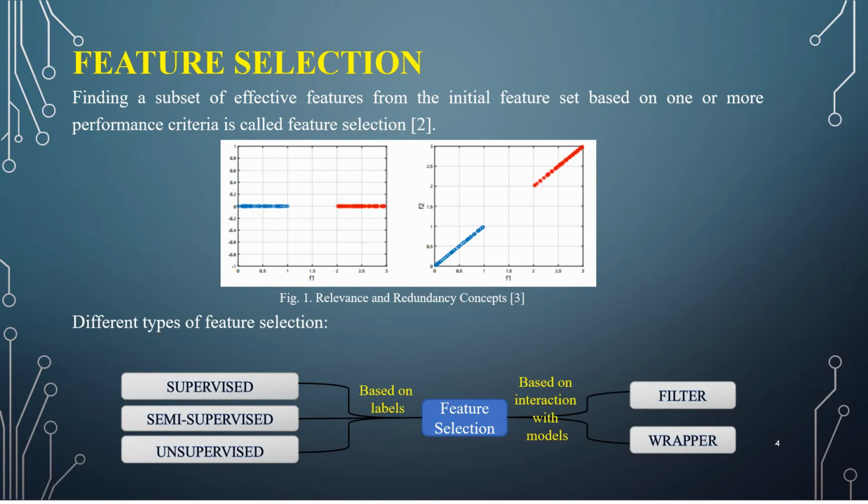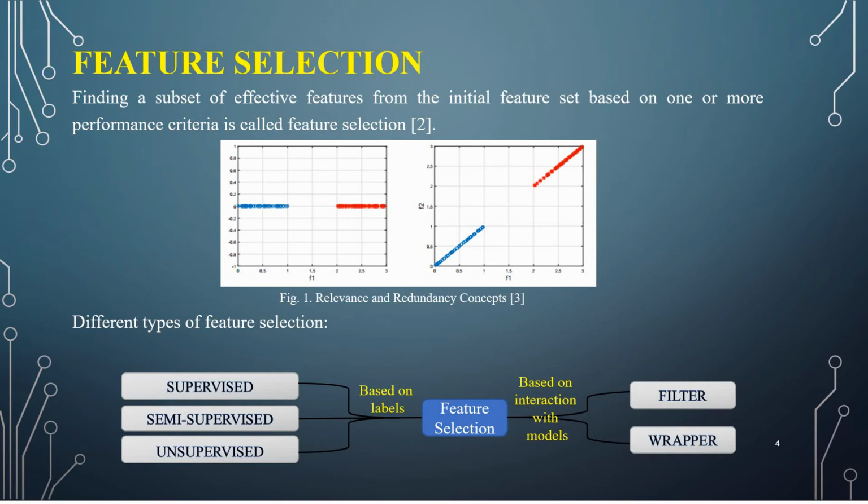On the left side of the figure, for separating the red class from the blue one, we can use F1, so it's a relevant feature. However, F2 isn't relevant because all its values are 0, and it doesn't help in separating the two classes.